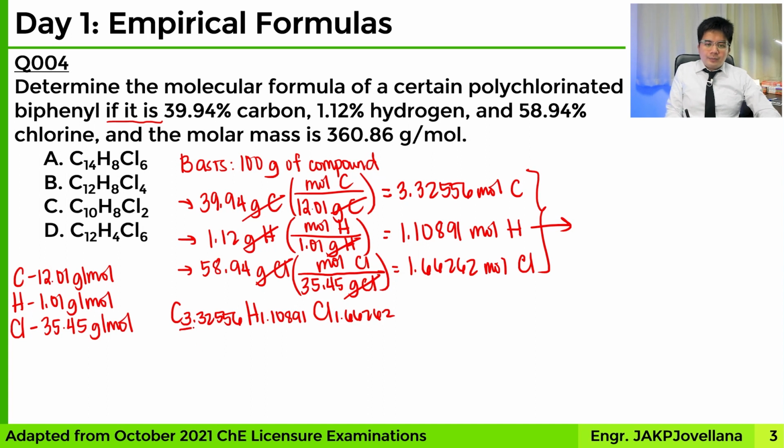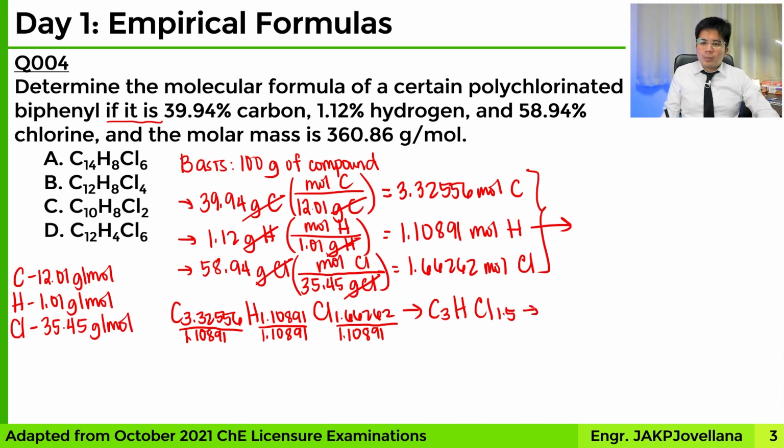So we divide all the subscripts by 1.10891, and we will have C3 H Cl 1.5. We can still increase the ratios so they become integers. So this becomes C6 H2 Cl3. This can be considered as our empirical formula.